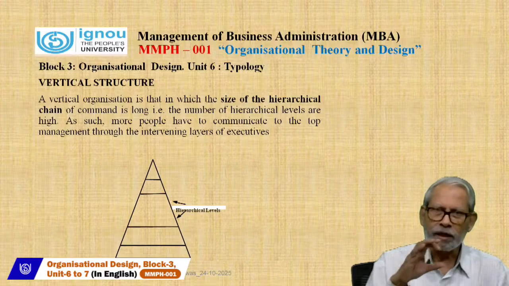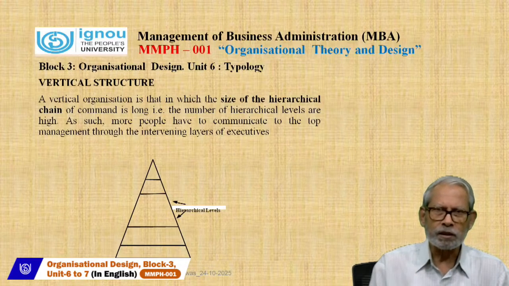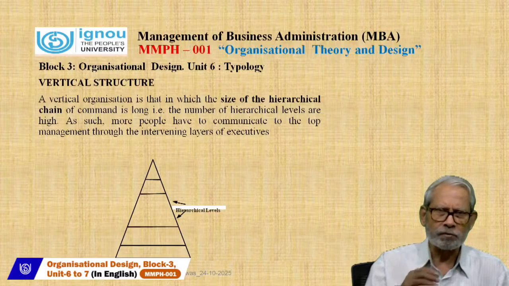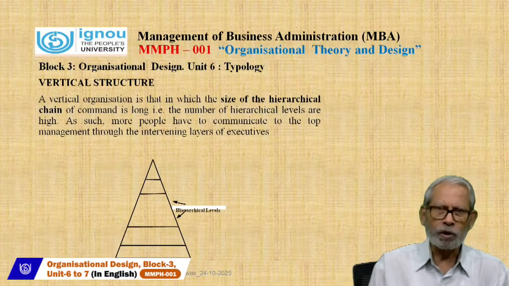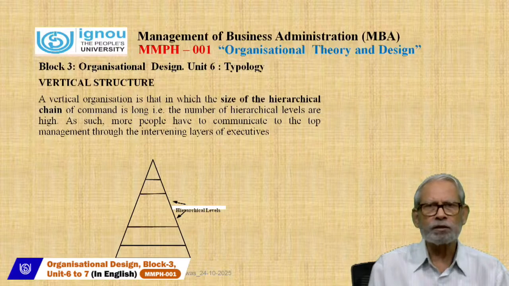The intervening executive layers should be minimized; at least you have to look at 2 or 3 things there. Because if the number of layers is more, naturally the decision making process will be slower.